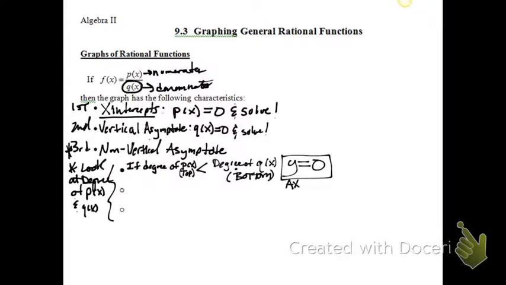That's just the x-axis, isn't it? So if that happens, the x-axis is our horizontal asymptote. That's the first one.